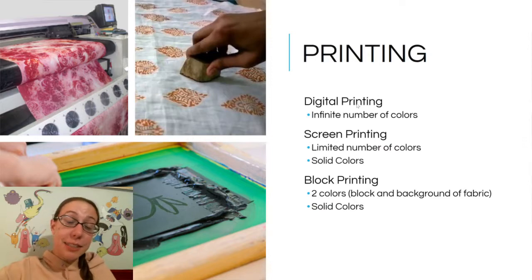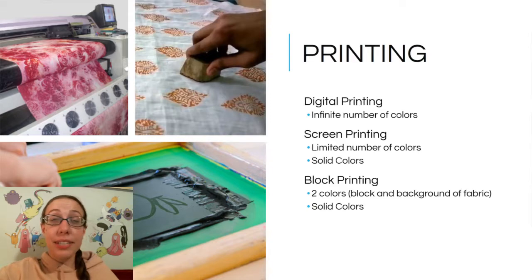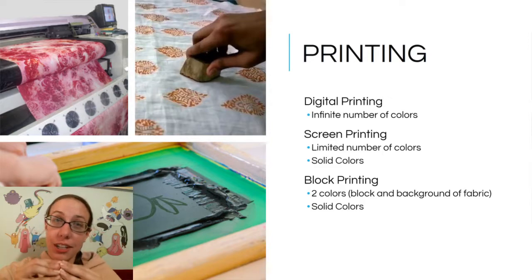Printing is definitely something to consider when designing textile designs. How the object is going to be printed is hugely important in how you design your fabrics, because traditionally textile design works with a limited number of colors.